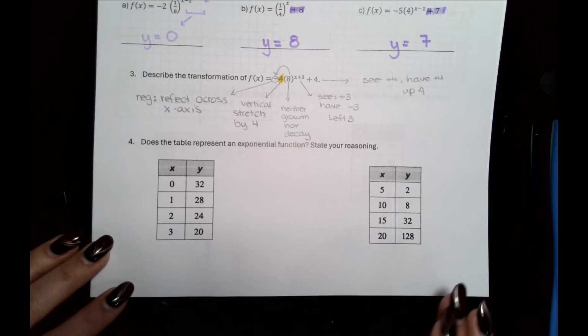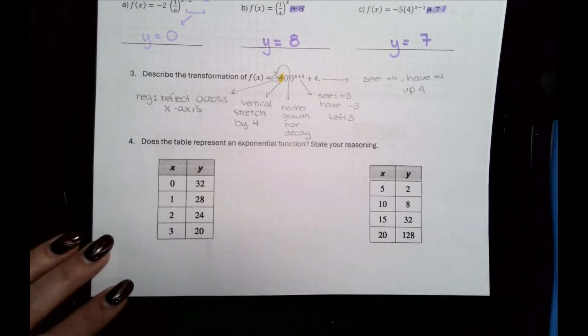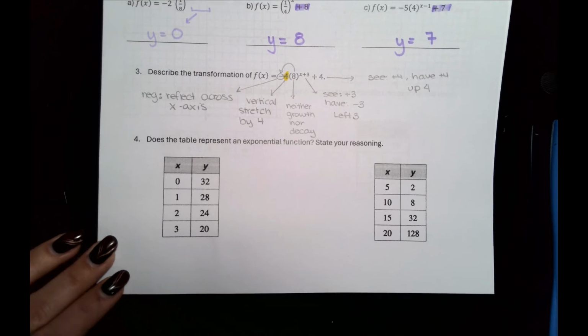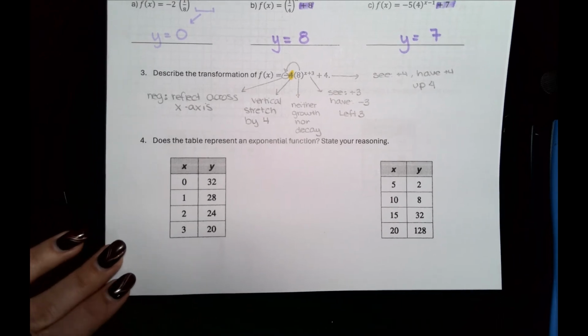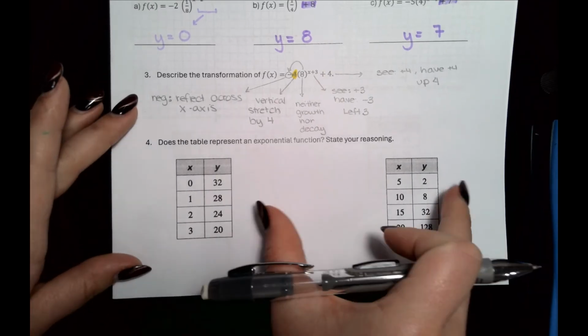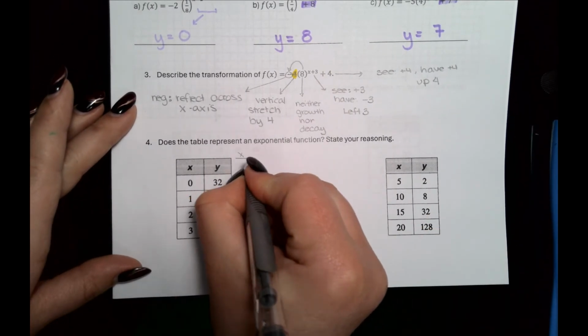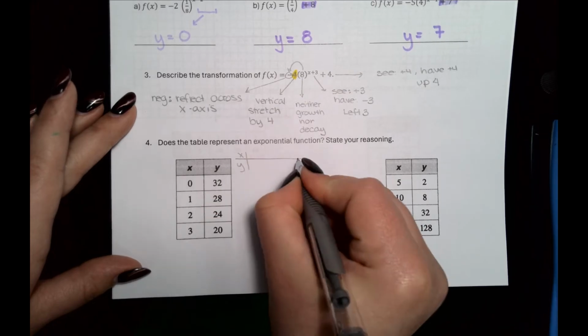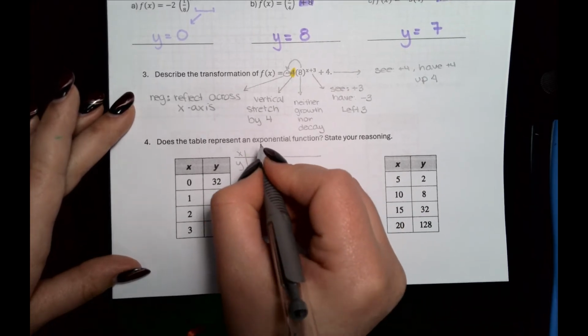For question number 4, there's 2 questions here, a and b. Does the table represent an exponential function? State your reasoning. So an exponential function has a common ratio. So I'm going to rewrite both of these so that I can label my right and my left better.